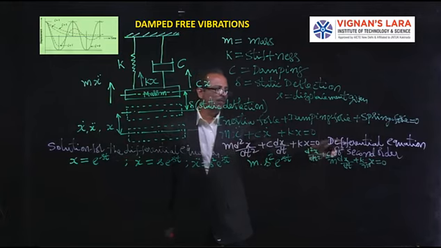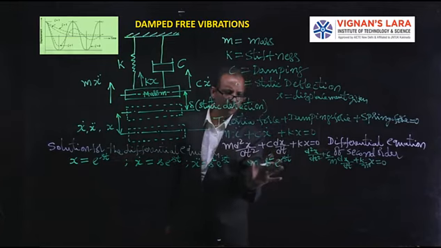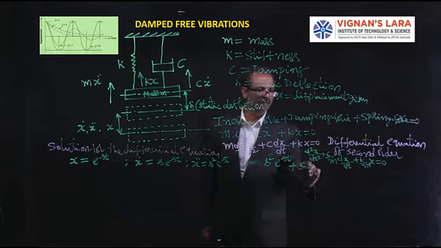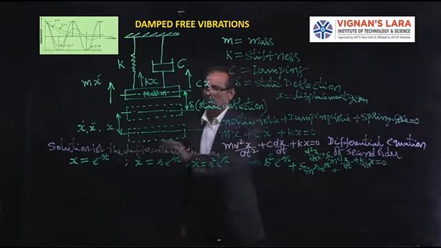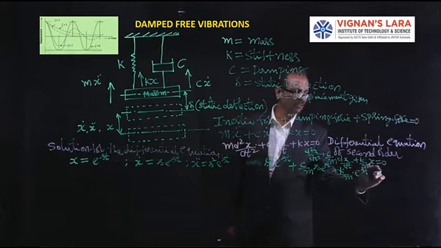So if I write this, then it becomes s square e power st plus c by m into s into e power st plus k by m into e power st is equal to 0.